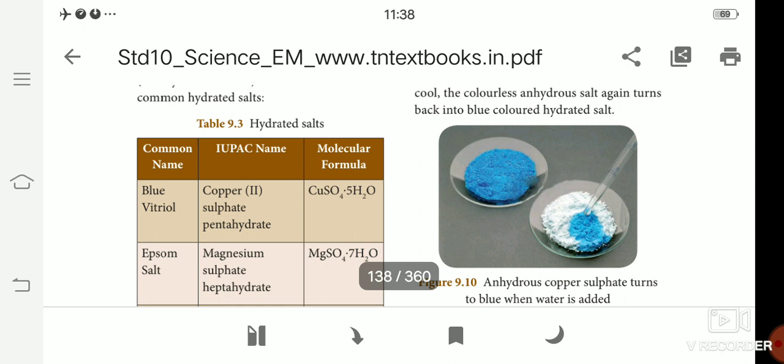We will study one or two examples. One example is blue vitriol, copper sulfate pentahydrate.